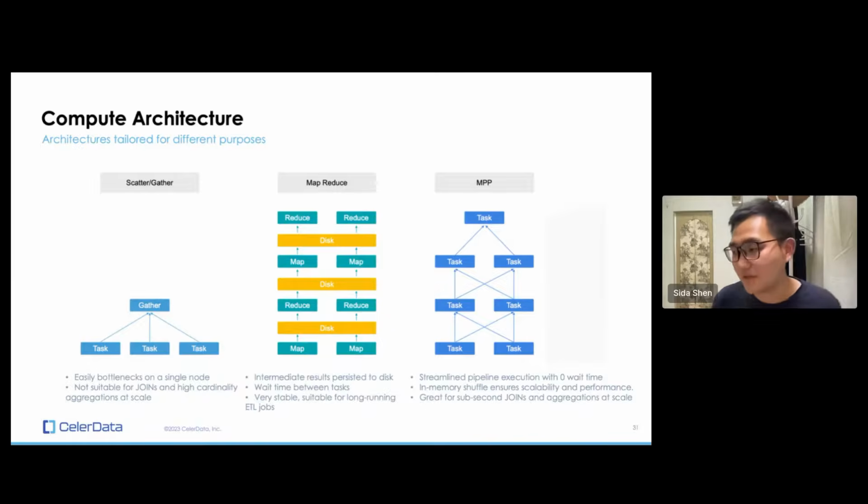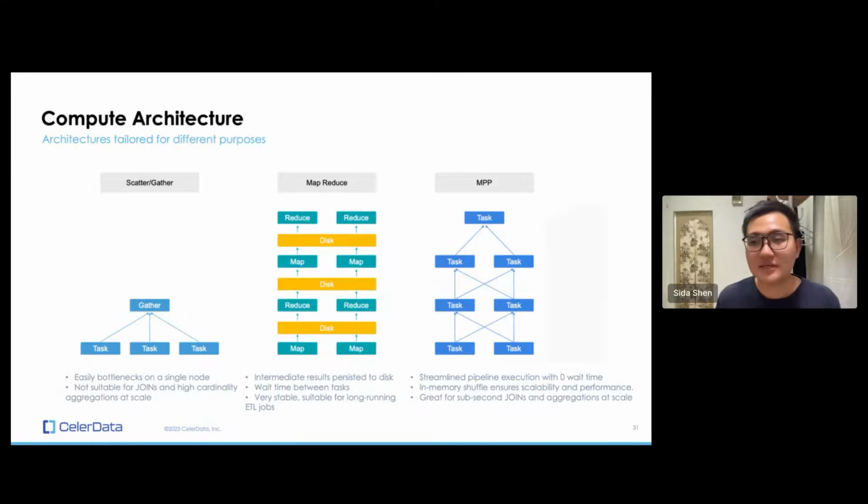We talked a lot about how a query is executed, both on a single node and in a distributed fashion, right? And here is more general theory about compute architecture. So the first type is scatter-gather.